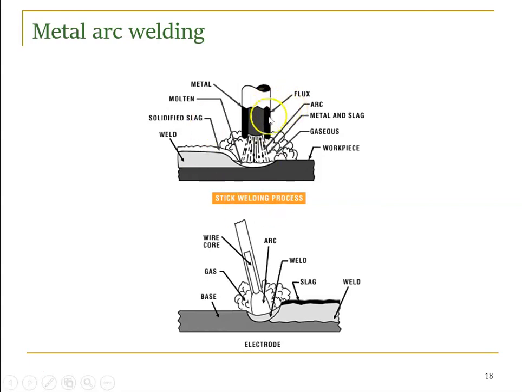Right, this image represents metal arc welding. Here we have a workpiece and a welded part. The weld moves from left to right. This is the welded part, and we use some flux to prevent oxidation, and we have a slag over there. Some slag is solidified after heating. This is the molten state on the workpiece. We also use some gases.